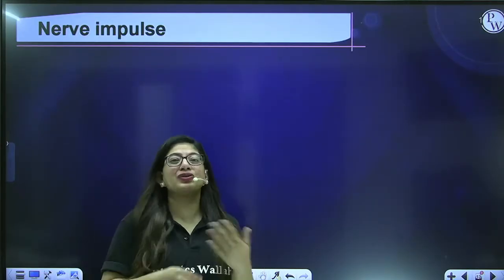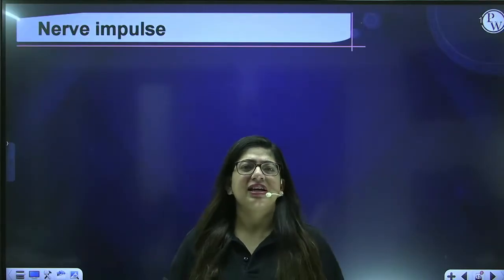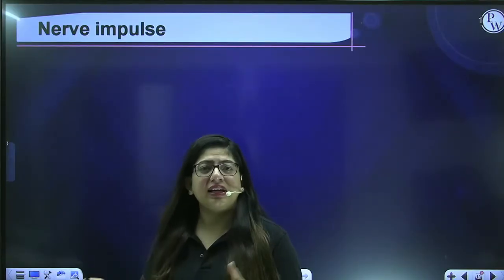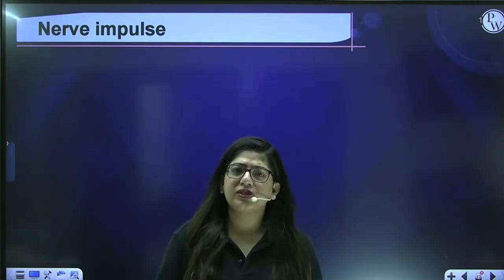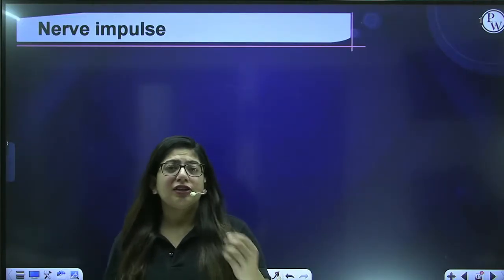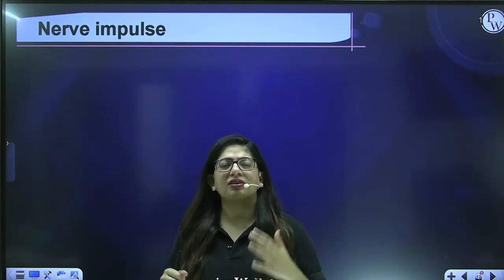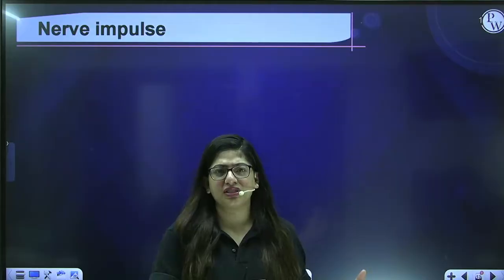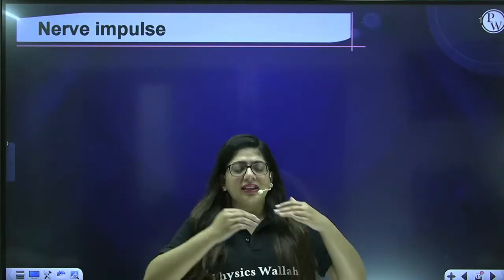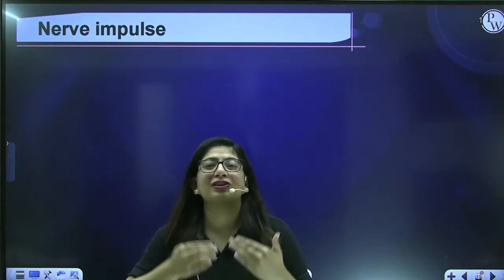We say that neurons are excitable cells. What are excitable cells? Cells that can generate electric current, or they can also detect the electric current and respond to that. So nerve impulse is an electrobiochemical phenomenon. It's just like an electric current that is flowing across the neuron's membrane.